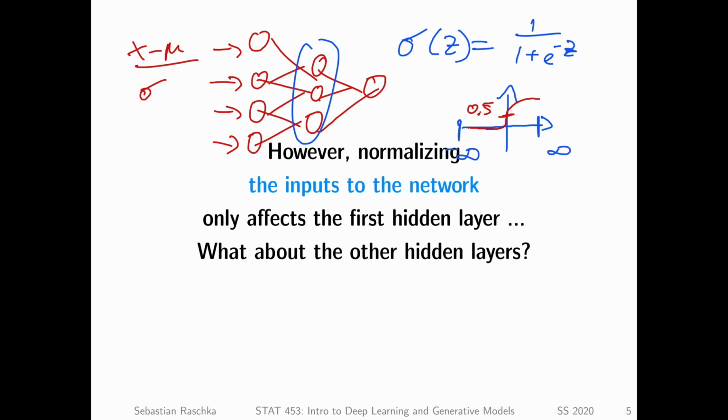So what will happen now is that the values are not zero-centered anymore. They are all positive values, so they are now different.